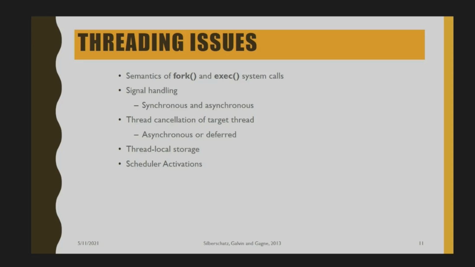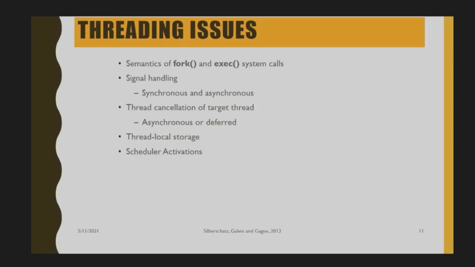So these are the issues in multi-threading: the fork and exec system calls, signal handling, thread cancellation, thread local storage, and scheduler activations. When we talk about multi-threading, these are issues that need to be checked with good care regarding the performance and efficiency of threading.